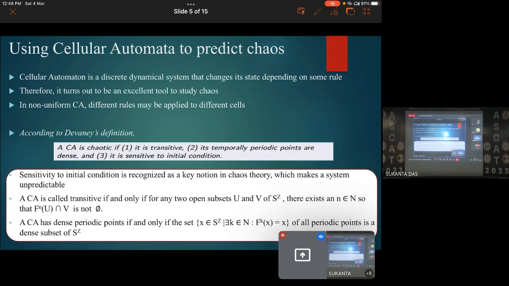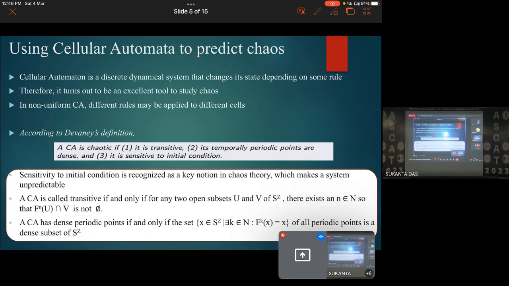Now when we are talking about chaos, we should know that there are already some predefined ways of detecting chaos. So one very standard definition of chaos is that a cellular automaton can be said to be chaotic if it is transitive, its temporally periodic points are dense, and it is sensitive to initial configuration.